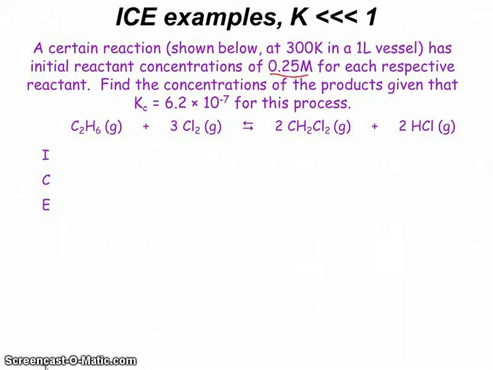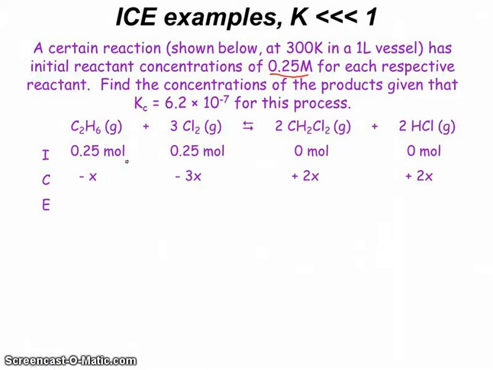And so I'm going to go ahead and fill out the initial part of my ICE diagram. I know that since we're in a 1 liter vessel, there's 0.25 moles each of the two reactants, so we can see that here and here. We also know that there is 0 moles of each of the products because initially there were no products present. Next, we want to look at how they change, and this is just based on the stoichiometry of the reaction.